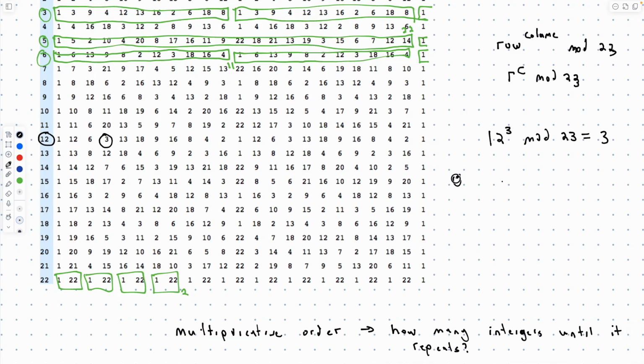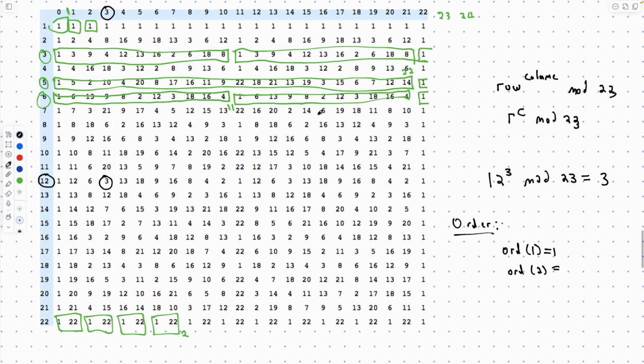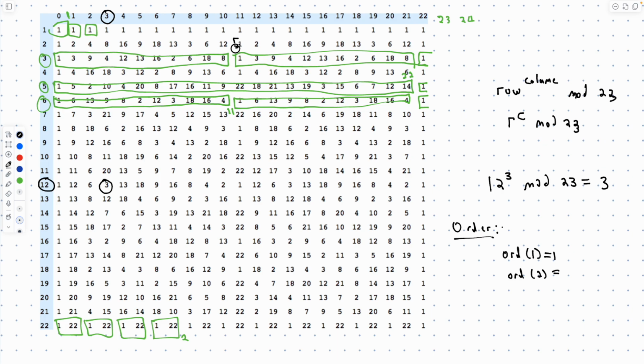Here I'm just going to make a little table of orders. The order of 1 is 1. The order of 2 is, it starts repeating here, so that's size 11, so it equals 11.